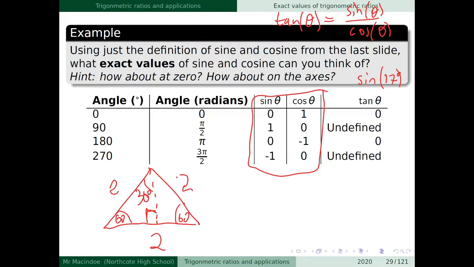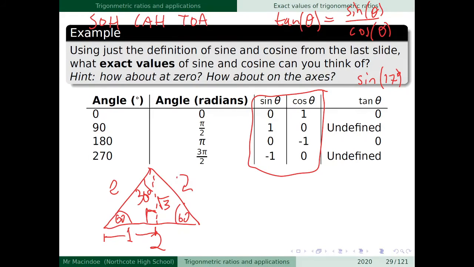Now, if I split it exactly in half, this distance from here to the middle must be 1. If you then do a bit of Pythagoras, you can get that this height value turns out to be root 3. And then you can just do SOHCAHTOA to get all your exact values for sine, cos, and tan of both 30 degrees and 60 degrees.